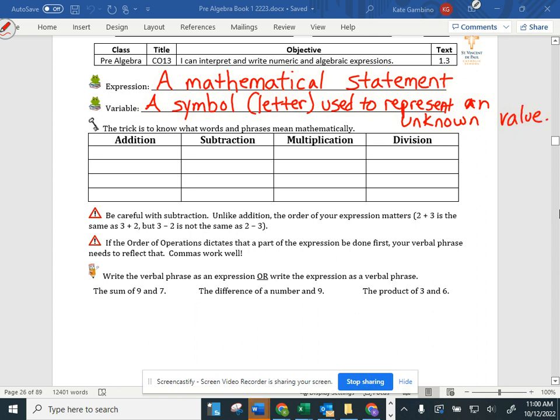So when you see the X, I think we've used an N a lot. So N plus 5 equals 11. That is using a variable. That letter is your variable. It stands for a number. We just don't know what the number is yet.